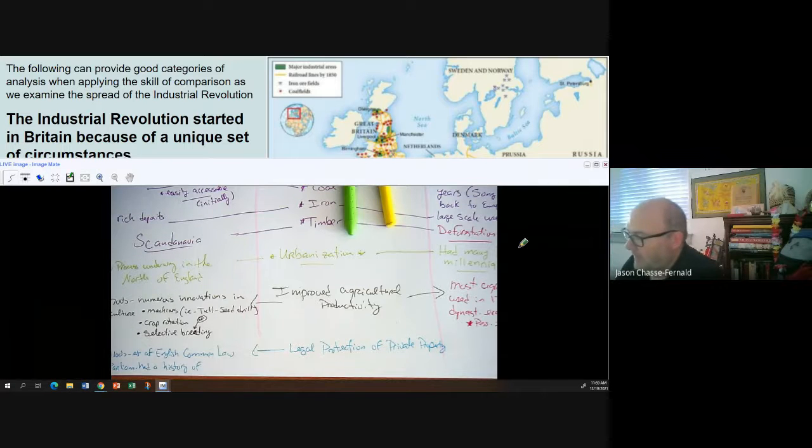So private property rights had been on the increase. Parliament had a history of increasing protections for private property. If you want an example of this, the whole enclosure movement would be a really good example. All right, so there's that.